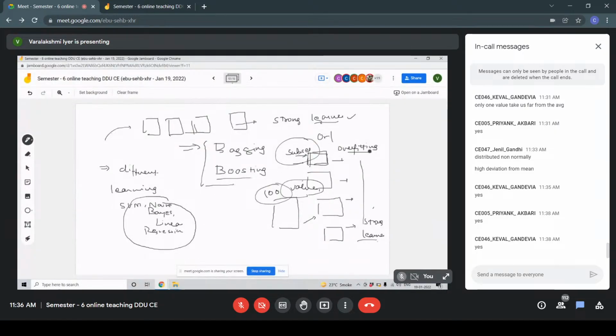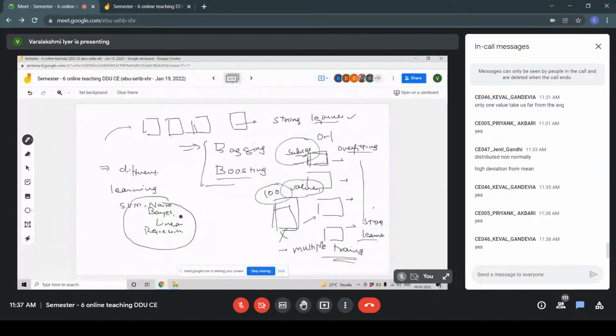It is not good to train your model with such a minimal data set. So creating multiple training samples out of this data set is one of the problems that we have.